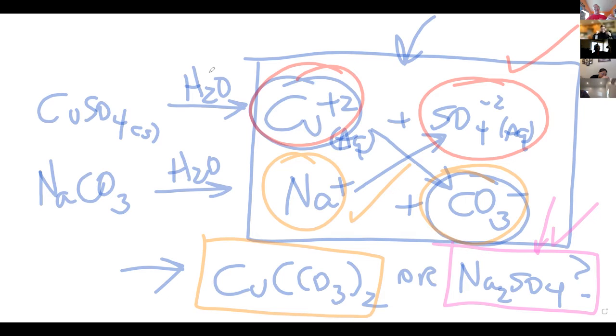The other thing that gives away copper carbonate as the insoluble partner is the color of the crystals that formed. They're bright blue. What forms bright blue crystals? Copper 2 does.